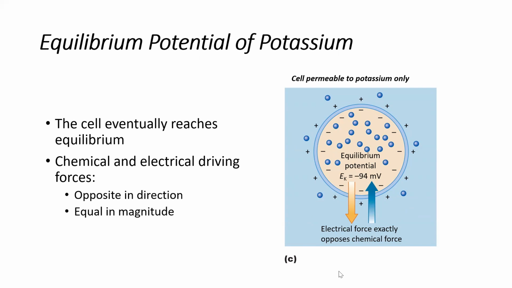This is when potassium has equal and opposite forces trying to move it in both directions. It's got a chemical force trying to move it out, and it's got an electrical force trying to move it back in, and those forces are of equal magnitude, so potassium is no longer moving, okay? It's at equilibrium.